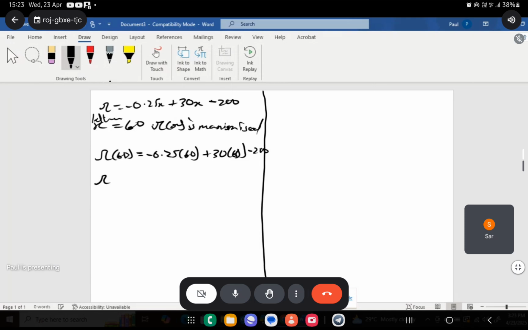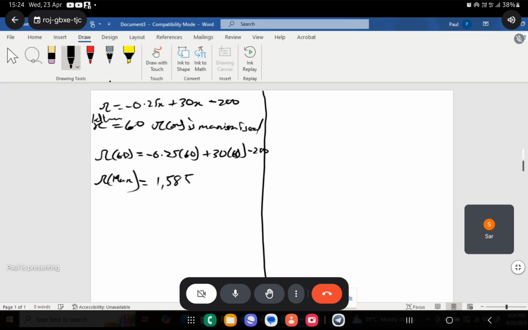So therefore, profit at maximum becomes minus 0.25 times 60 squared plus 30 into bracket 60 minus 200, and that will give us 1000.